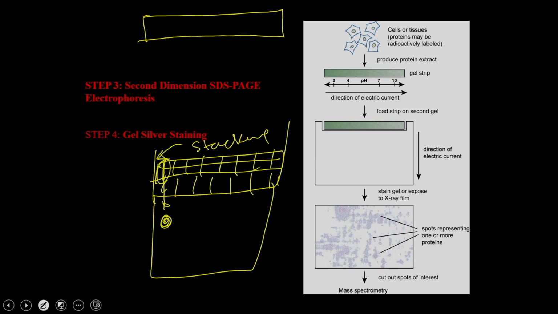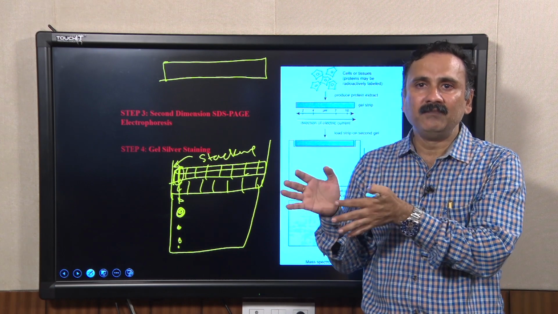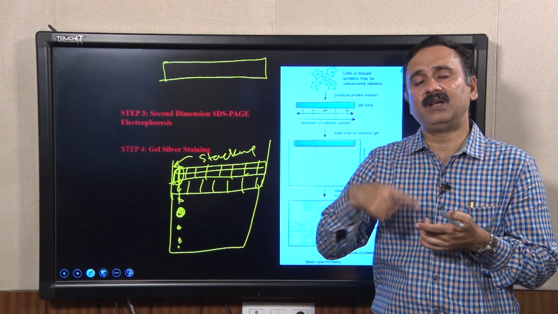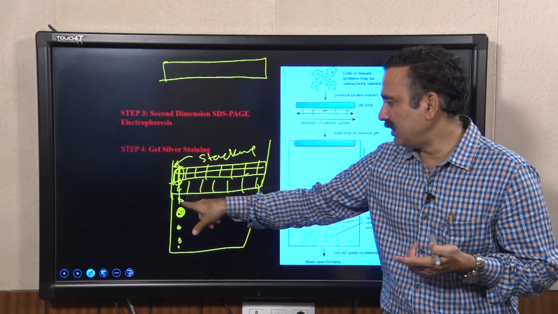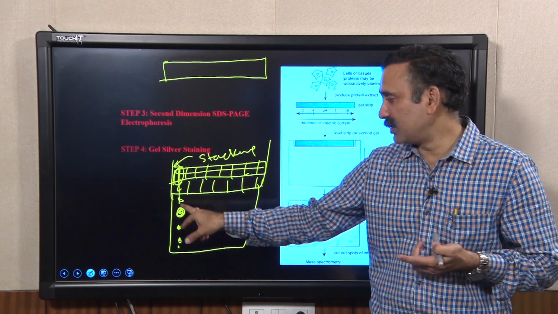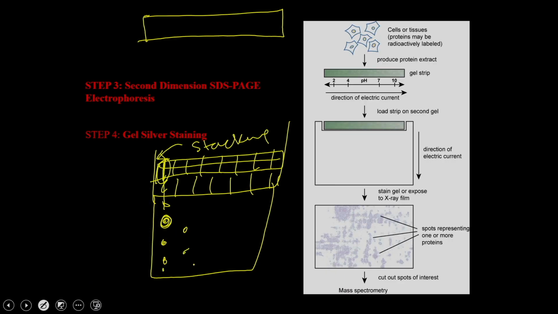You might have multiple proteins present in a particular spot, and that is why you are going to see multiple spots from a single IPG strip focusing area, which means at a pI of 3.1 you might have 5 proteins, and all these 5 proteins may have different molecular weights, and that is why you are going to see the protein spots at different positions, and the same will be true for multiple places.